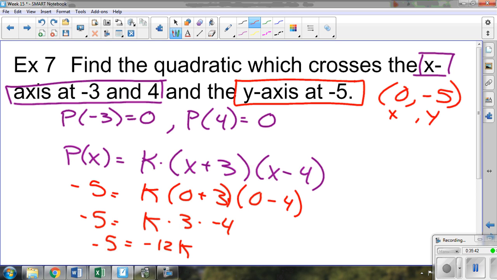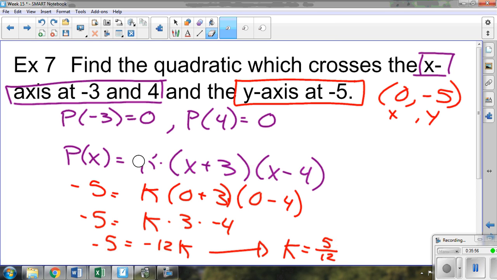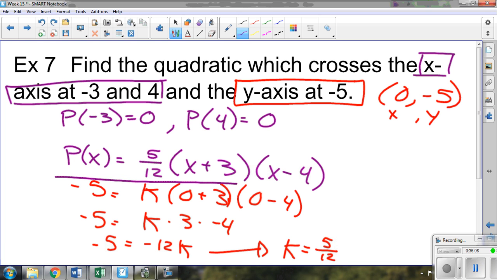And so when we divide that out, we get k is equal to 5/12. And so we can come in and replace it now. I wanted that in purple. k is 5/12, and we have a factored form for our quadratic.